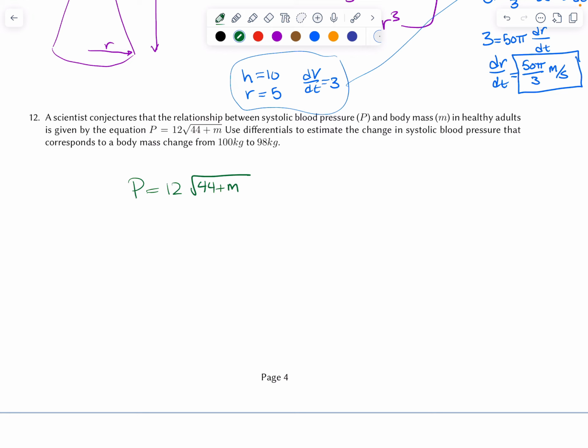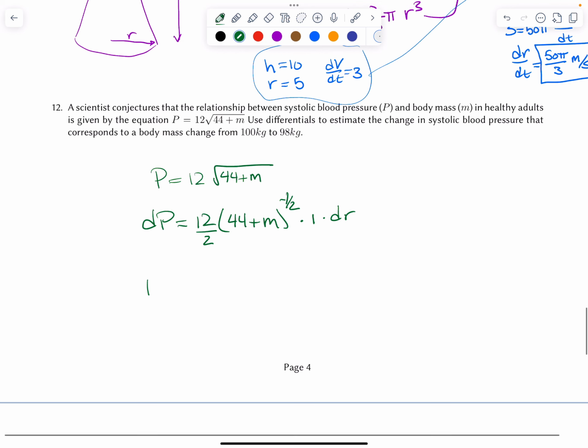Anyway, I'm going to use differentials, so dP, do the derivatives, and just put a d, is equal to 12 times, I'm going to use the chain rule. So I need to multiply by 1/2 times, I guess that's just 1 there. And then I have to multiply this times dr.